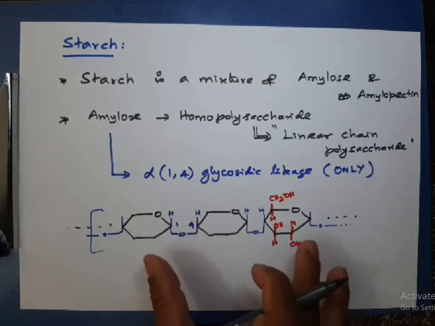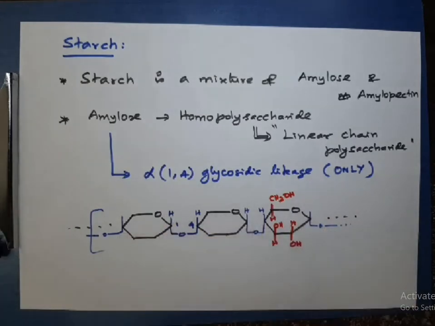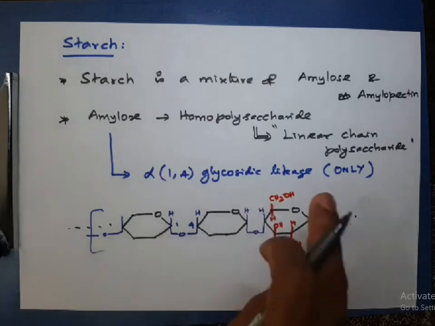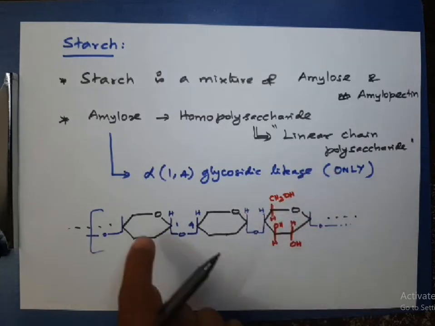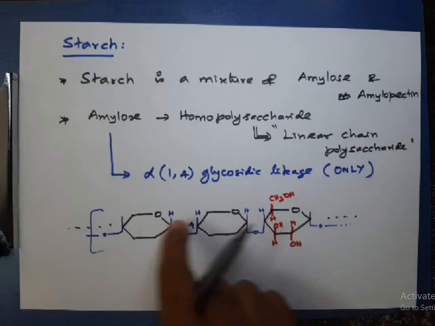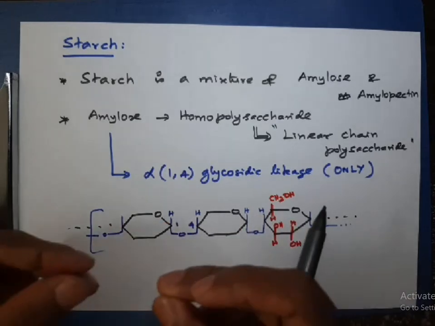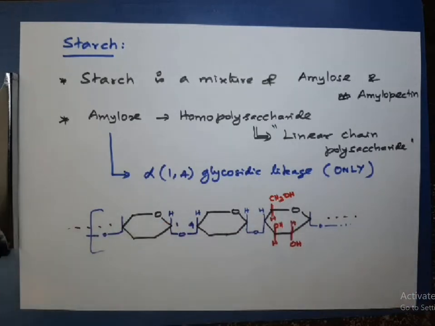In amylose we have only 1,4 glycosidic linkage. Alpha 1,4 glycosidic linkage alone exists. Therefore this polysaccharide will appear like a linear chain polymer. But linear doesn't mean a straight chain. It's not like a straight line.